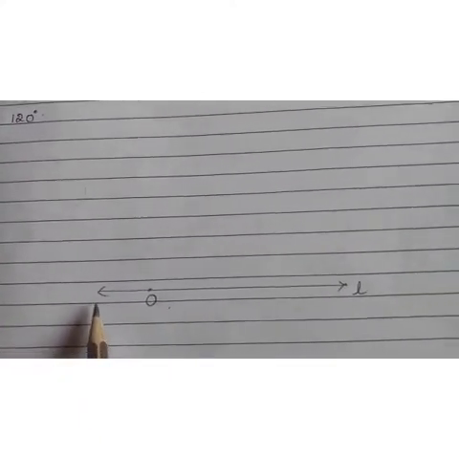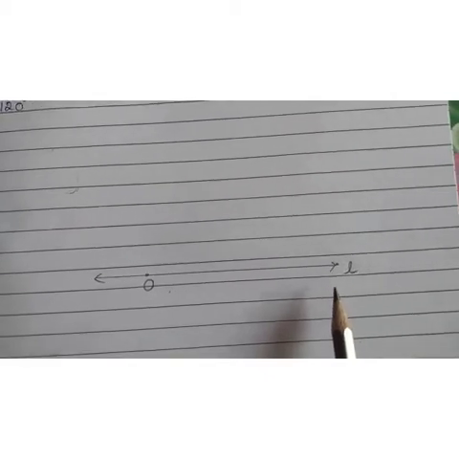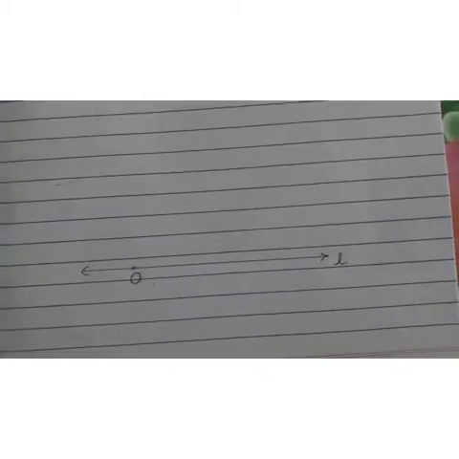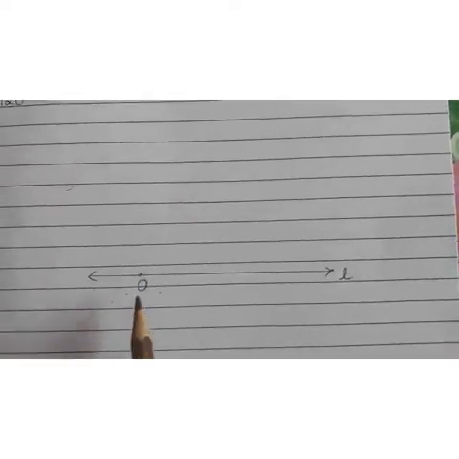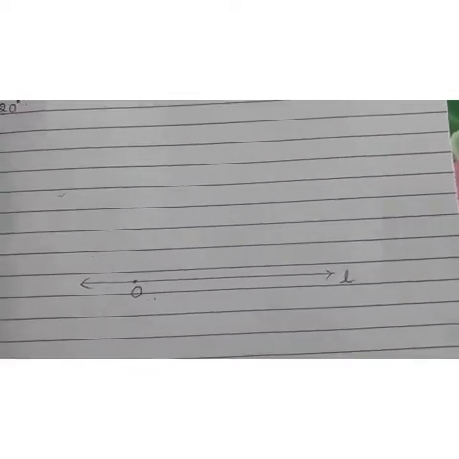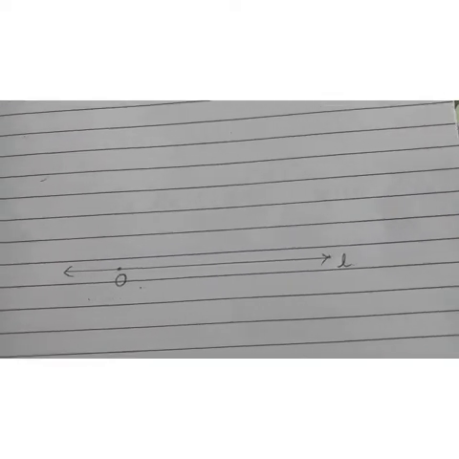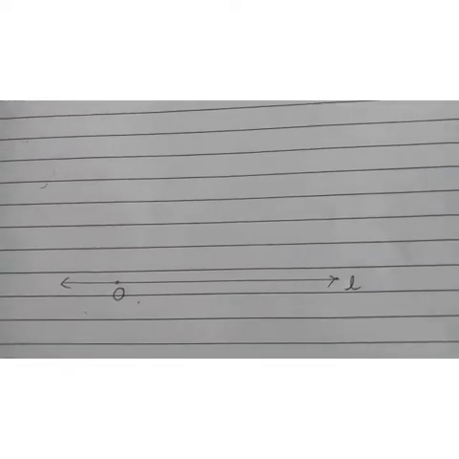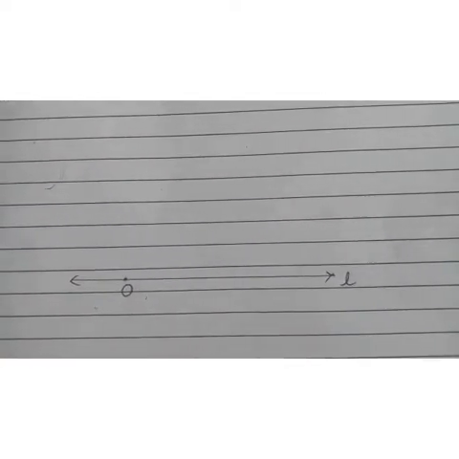For that, again draw a line segment and mark it as L, and then take any point O on it and then use your rounder, and with O as center and convenient radius, what you have to do? You have to draw an arc.